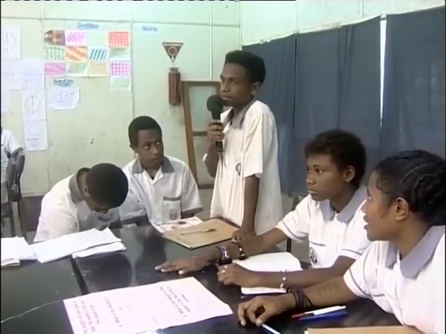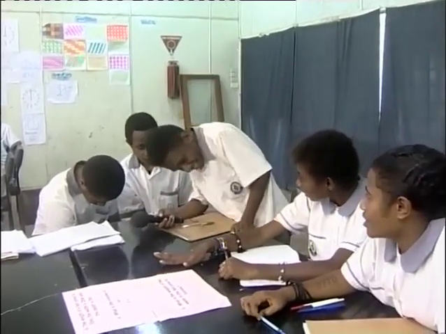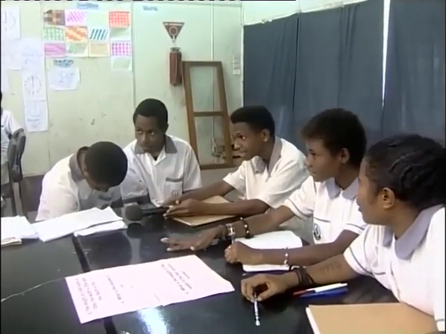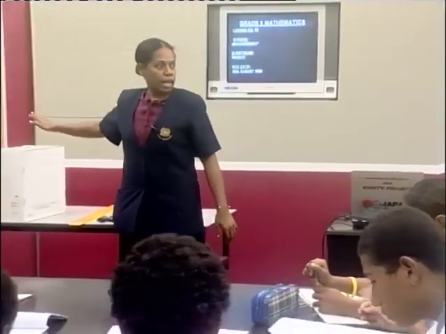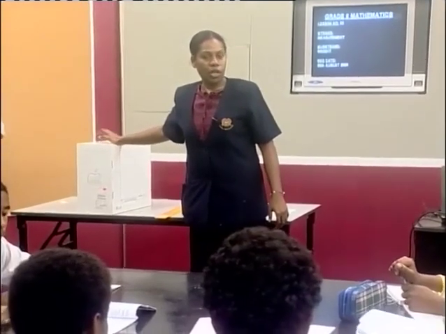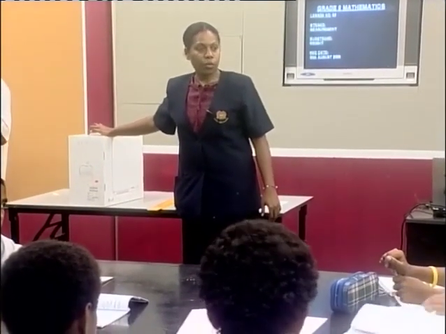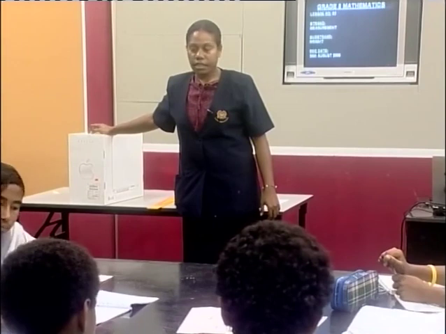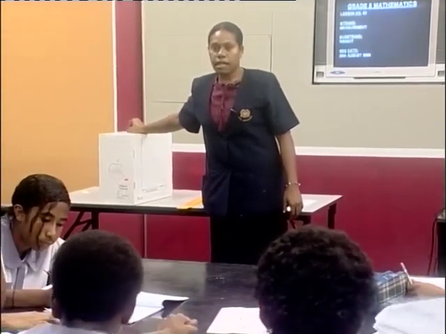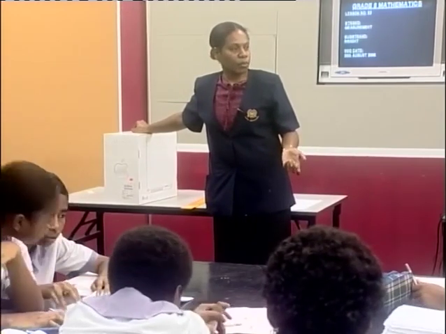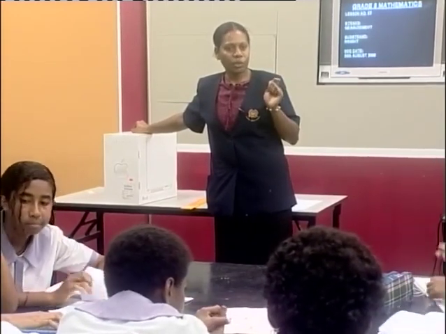Area times height. You others agree with Silas? Okay, good, Silas. But when we want to find the volume of a cuboid, what formula do we use?